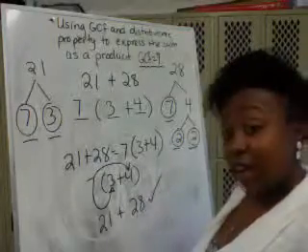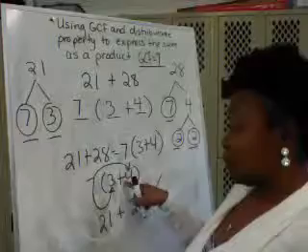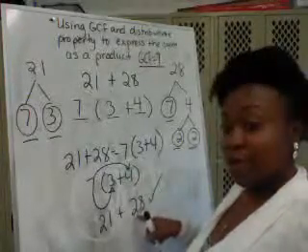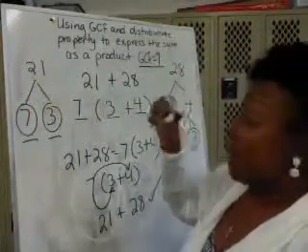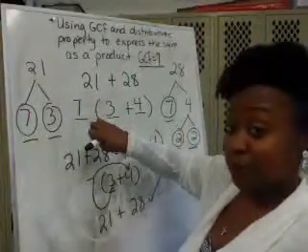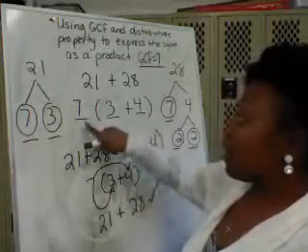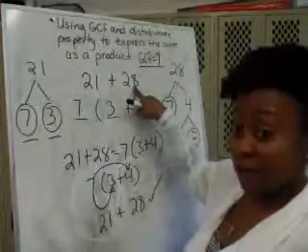So there I go. I checked my work. I know that 7 parentheses 3 plus 4, close parentheses, equals 21 plus 28. And what did I do? I pulled out my GCF and I put it on the outside of my parentheses. And I was able to figure out what times 7 gives me 21, and what times 7 gives me 28.